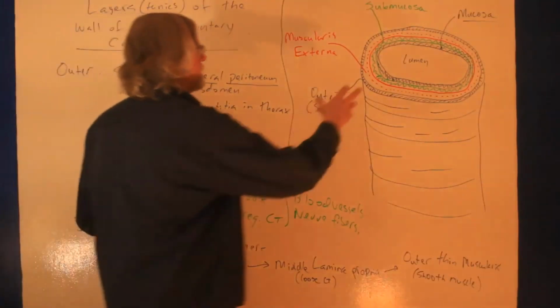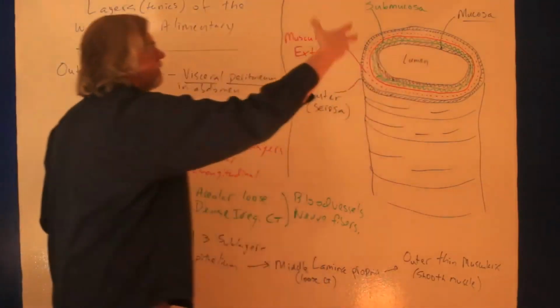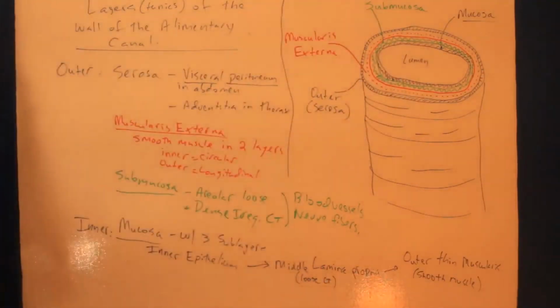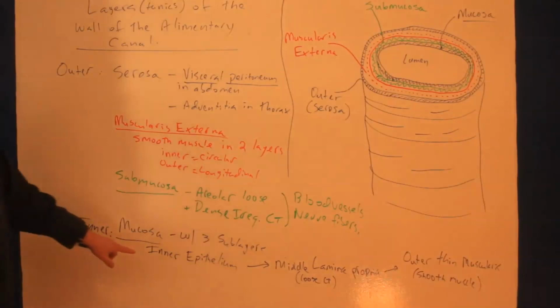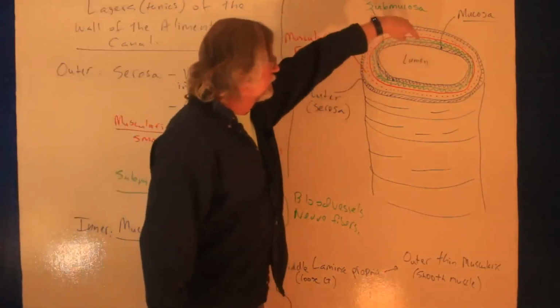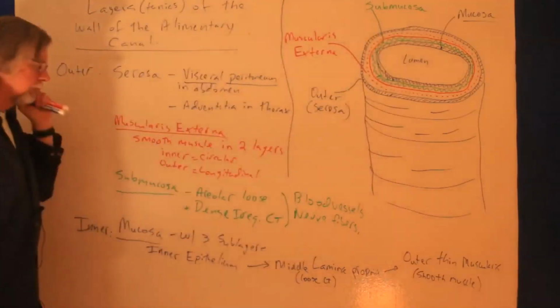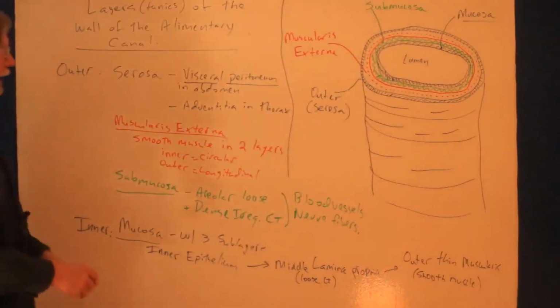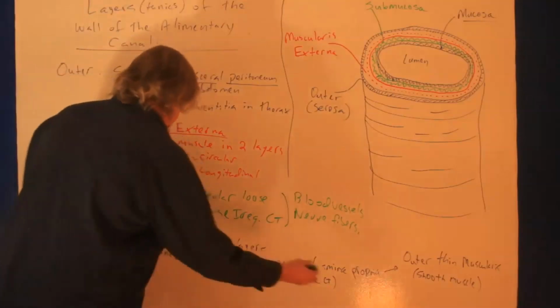The innermost layer is the mucosal layer. I said the mucosal layer is in contact with stuff coming through the lumen, and so that's going to be involved in absorption. There's a lot of secretion from this layer as well. The mucosal layer can be broken down into three sublayers. The epithelium is what's in direct contact with the contents in the lumen. That is supported by a middle layer called the lamina propria.